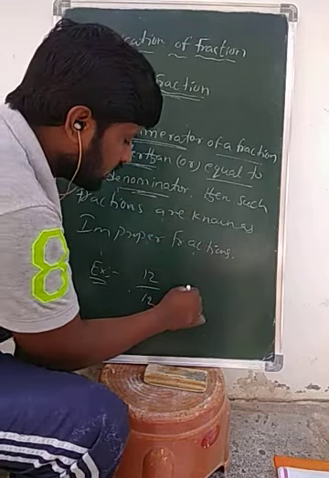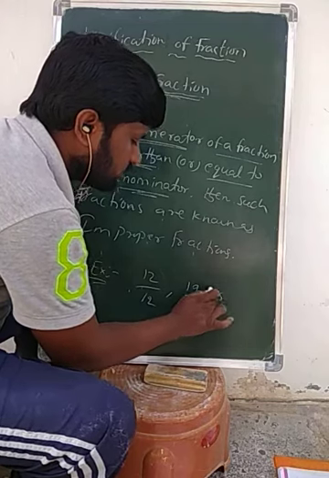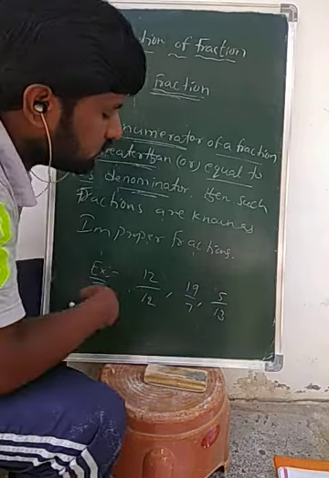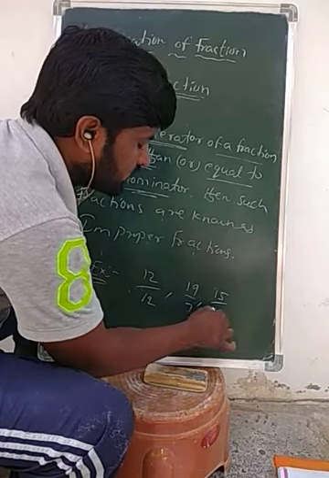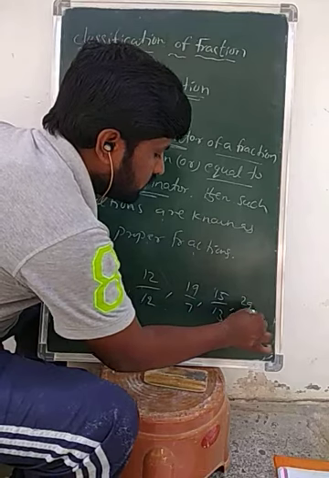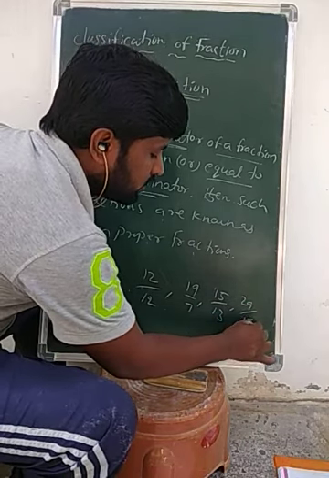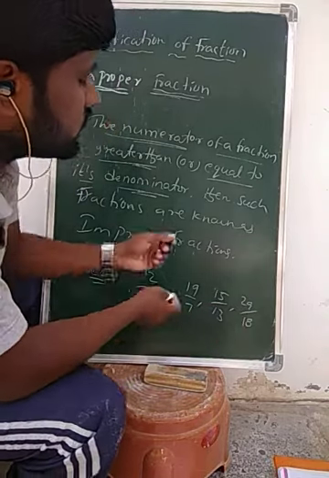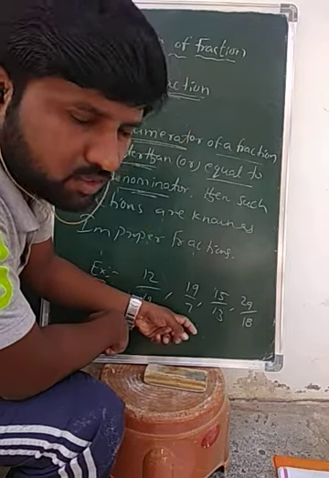Or we can write like this also. 19 by 7, 5 by 13. Okay. So 15 by 13, 29 by 18. So these are the examples of an improper fraction because the numerator is a big number, the denominator is a small number.